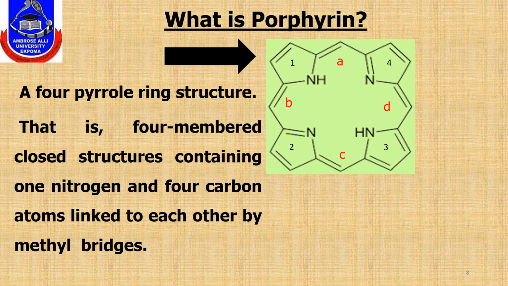And you see letters A, B, C, and D. Those are the methyl groups linked with carbon, forming an enclosed structure of porphyrin. So, porphyrin is a four-ring structure, that is, four-membered closed structures, each containing one nitrogen and four carbon atoms, linked to each other by methyl bridges.